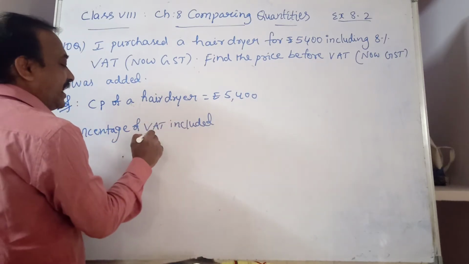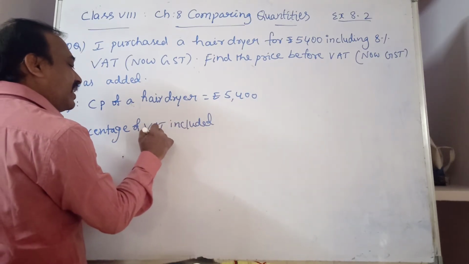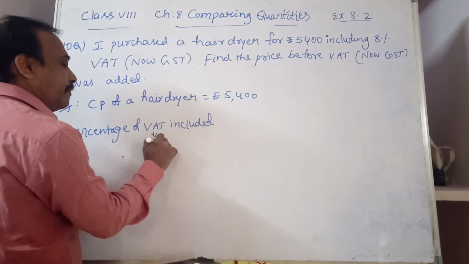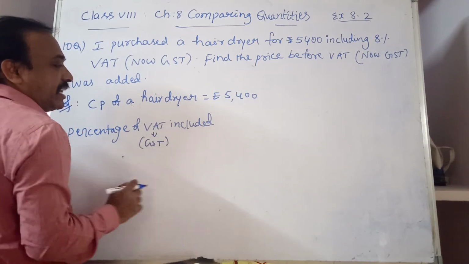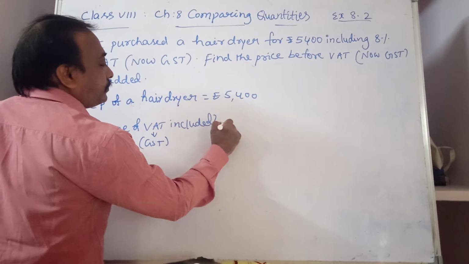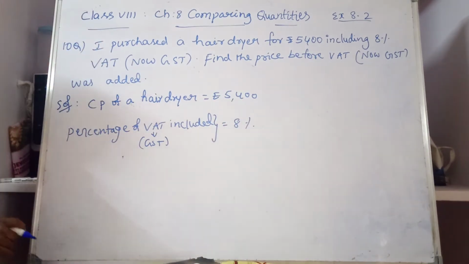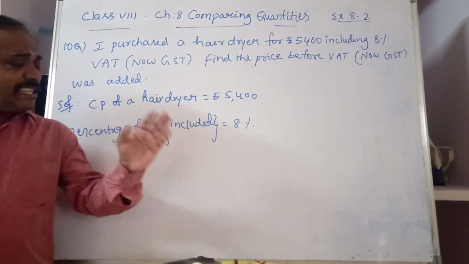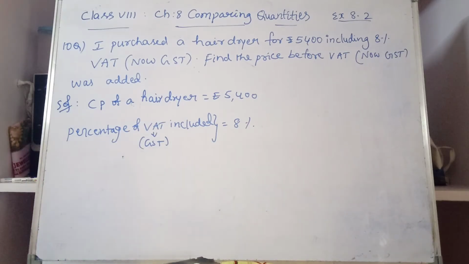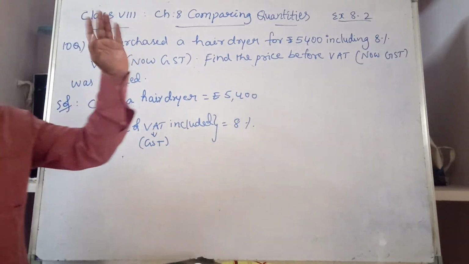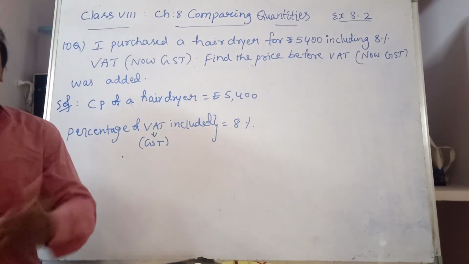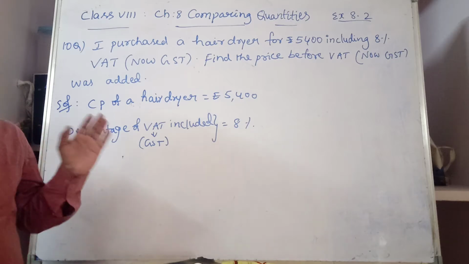Percentage of VAT included, which we now call GST, is equal to 8%. See, 8% extra he paid. Remember here, 8% extra he is paying, on the CP, on the price.